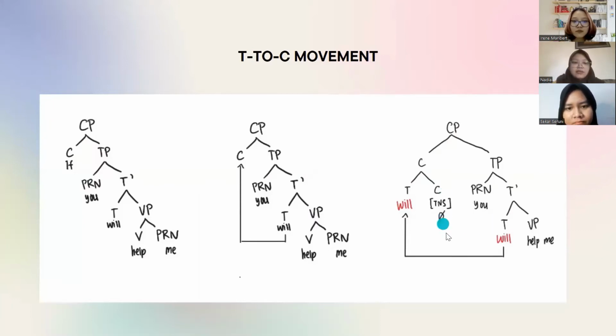So the result is that the auxiliary will move from T to C in order to satisfy the requirement of the TNS feature, and the affix from the affixal interrogative complementizer to have a present or past tense T constituent affixed to it. So I guess that's all from our group.